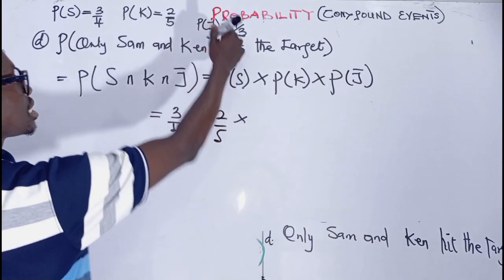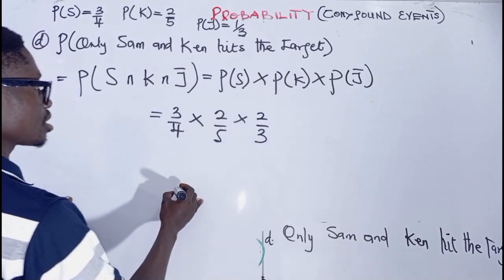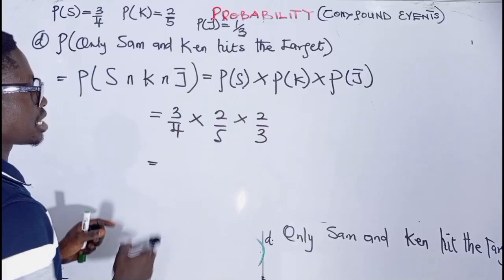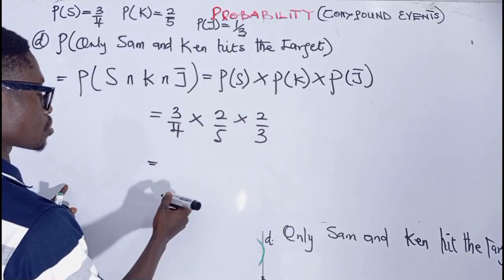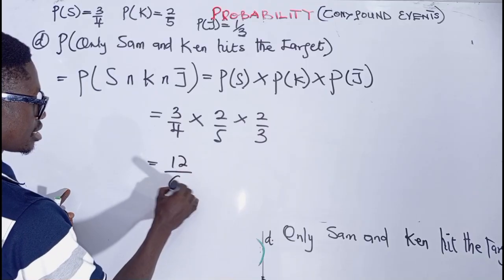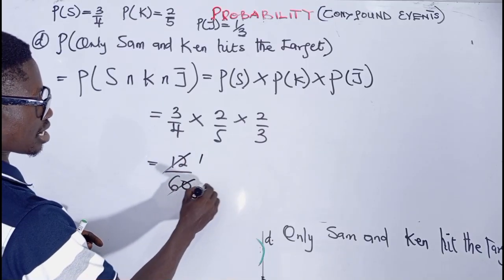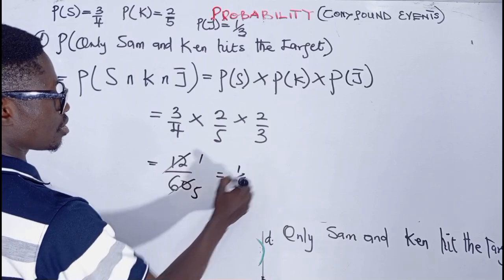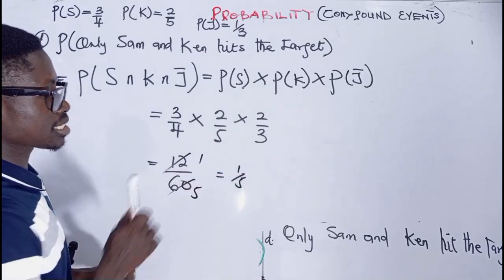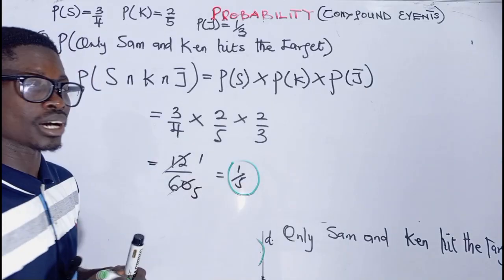Jojo missing the target, we have 2 all over 3. So when you do your multiplication, this will give us 6. 6 times 2, we have 12. 12 all over 60. So 12 into itself 1, and then into 60 we have 5. So we have 1 all over 5. So the probability that only Sam and Ken hit the target is 1 out of 5.